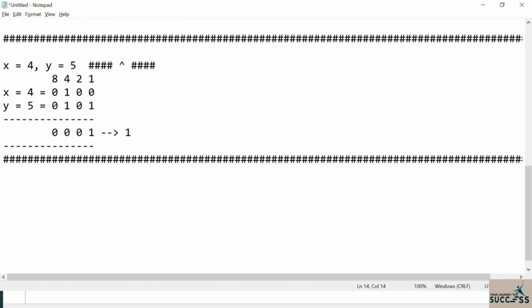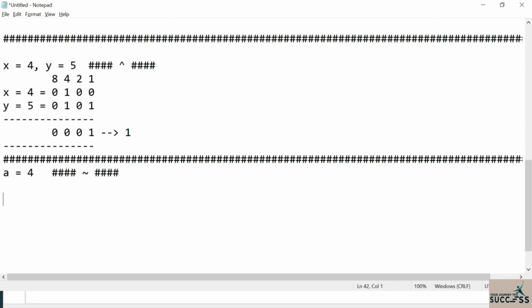So let us see how we can work with the bitwise complement operator. Here we will apply bitwise complement for only one value. The symbol is this one, tilde. This key is present exactly underneath the Escape key on your keyboard.